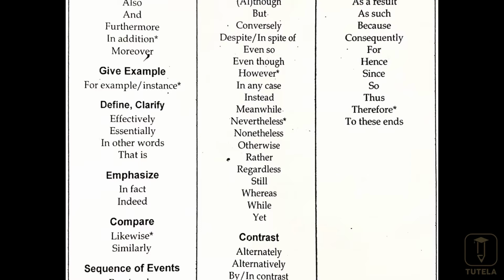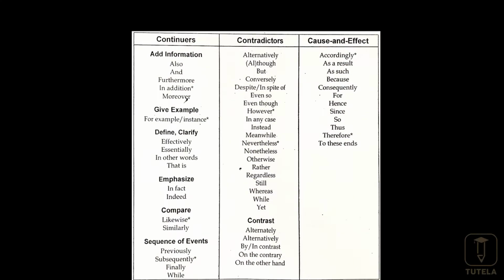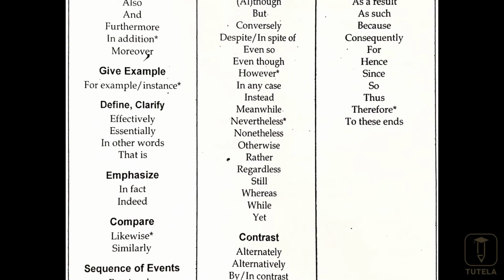Contradictors, such as the word alternatively, although, but, are always and very commonly used and tested transition words on the SATs. Cause and effect can both be in the same direction, that is, they can be linking similar ideas, or they can also be linking contradictory ideas, but there will be a relationship of a cause and an effect in that particular sentence.